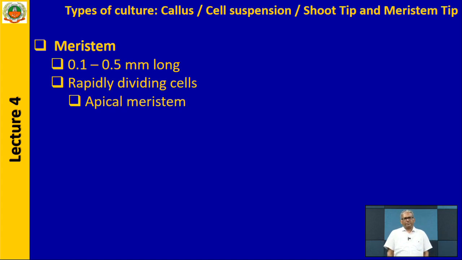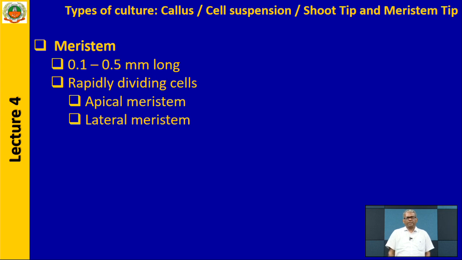Meristems can be classified into apical meristems, which are seen along the roots as well as the shoot apex. Lateral meristems are responsible for the horizontal growth of the plant tissues, that is the increase in the girth and width of the plant stems.